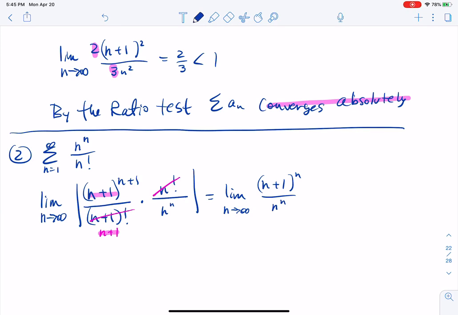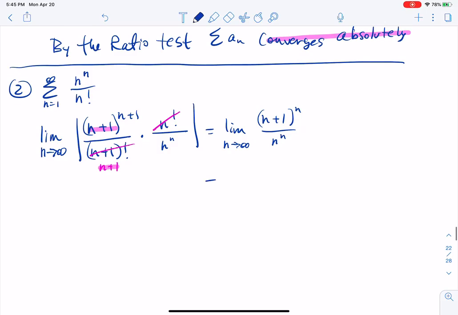They both have the same exponent, which means we can use the power property of exponents to rewrite it as (n plus 1 over n) to the nth power.